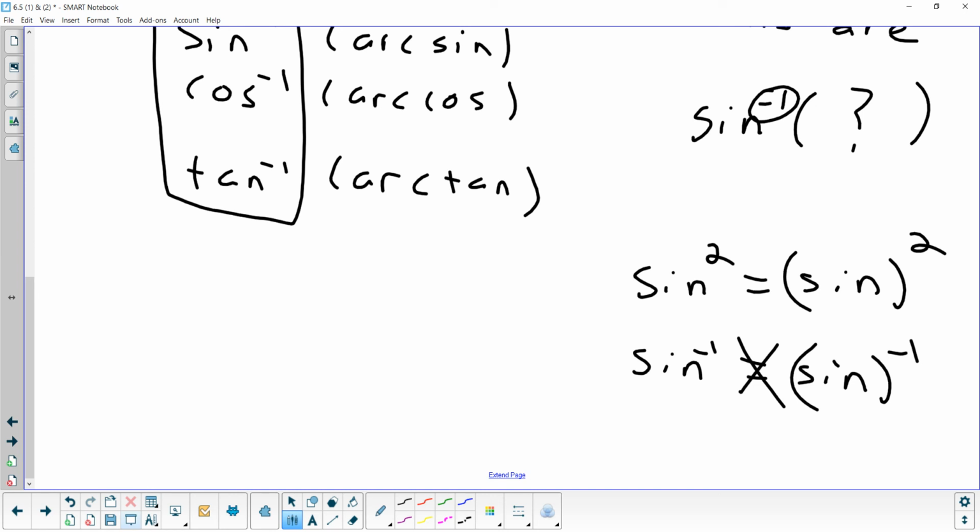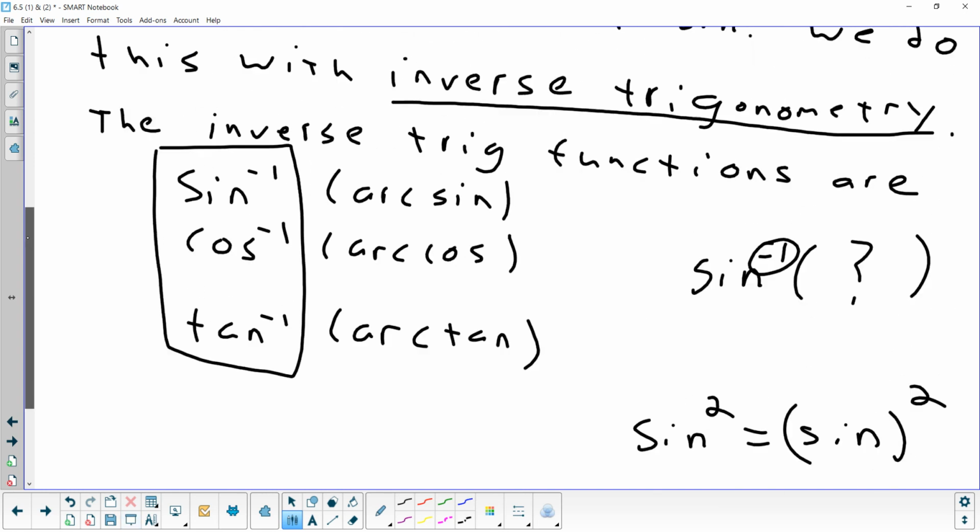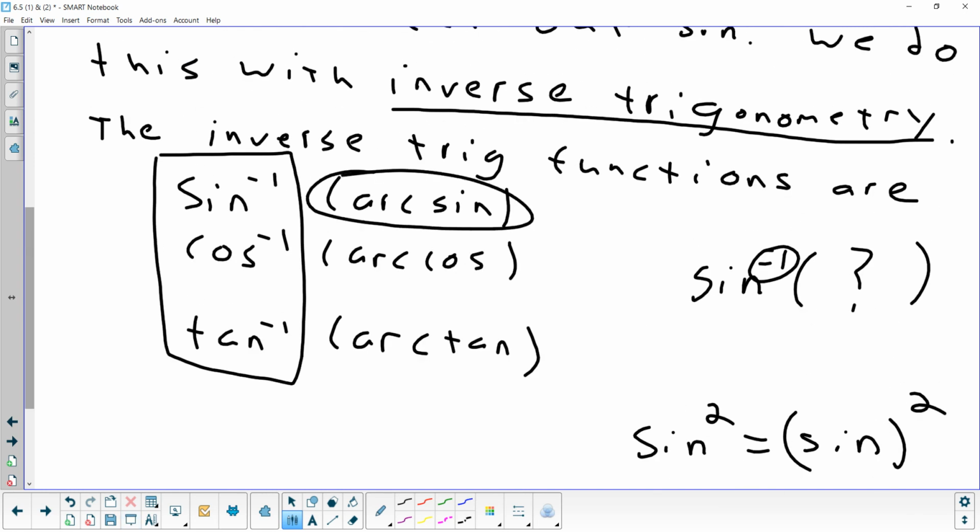It has nothing to do at all with raising something to a -1 power, which would normally mean flip it. A little confusing, but you just have to remember that. It has nothing at all to do with a -1 power. I think that's why sometimes people write it like this, and that eliminates that confusion. Okay. So again, just think of that as a special symbol that means inverse trig, which is a totally separate button on the calculator.